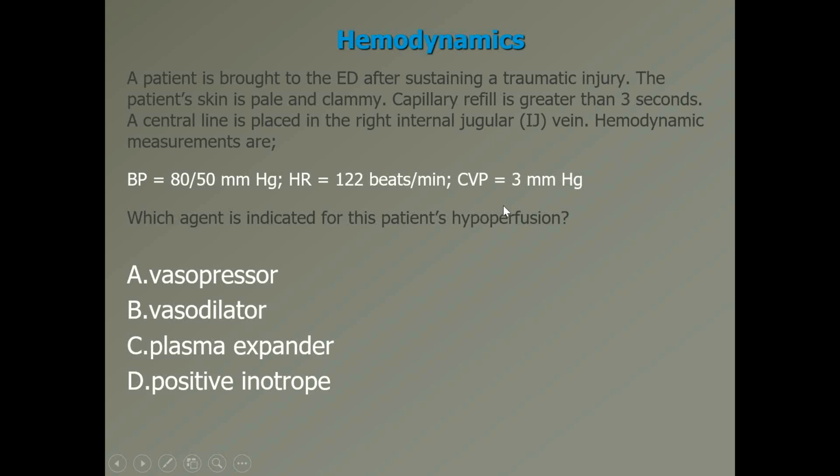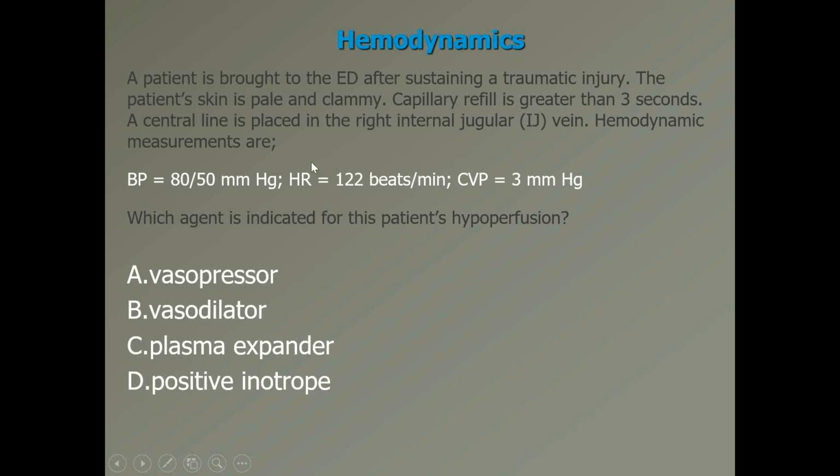And we can see if we look at the one value or the only value that tells us about the volume status of the patient, we see that the central venous pressure or right atrial pressure is barely in the normal range, but it's low. So we know that it's low, and we want to fill that tank. Fill that tank.